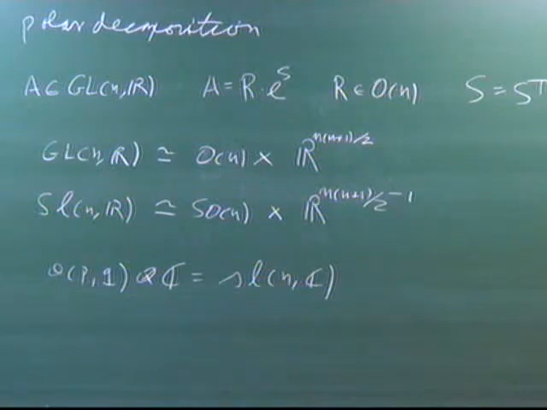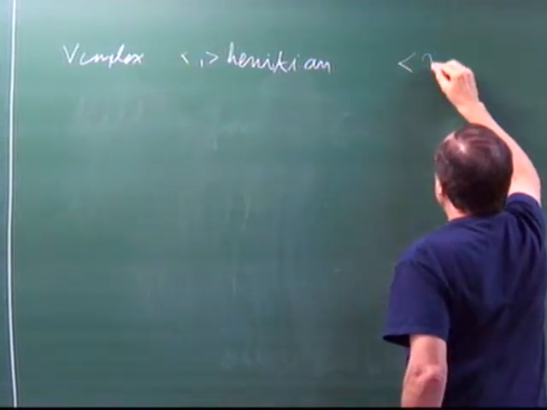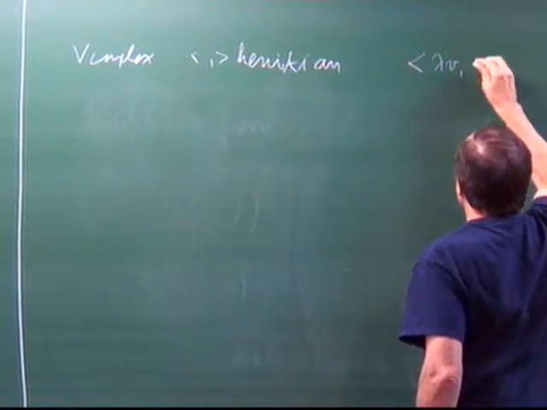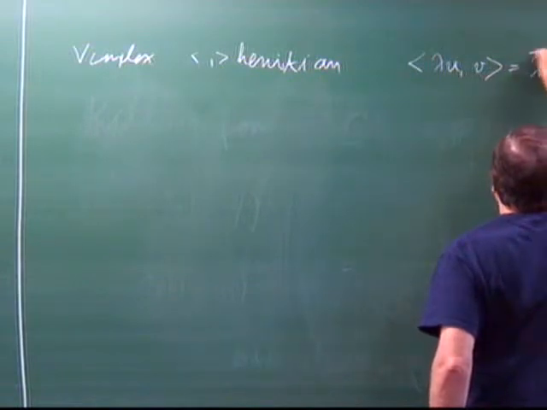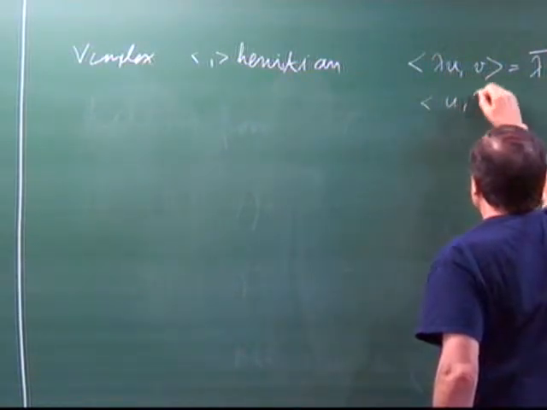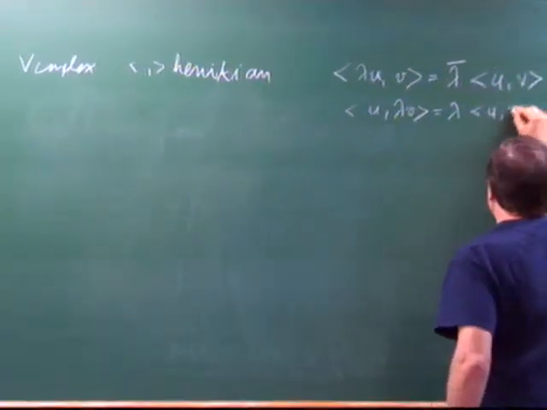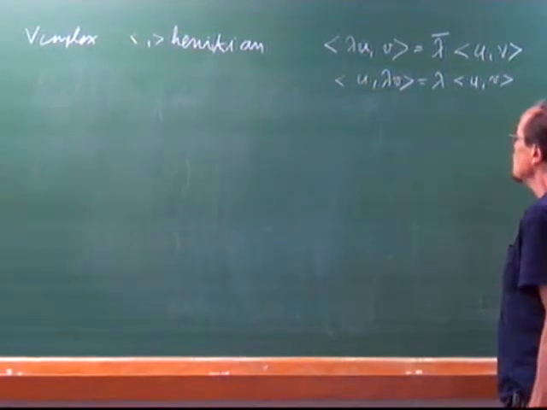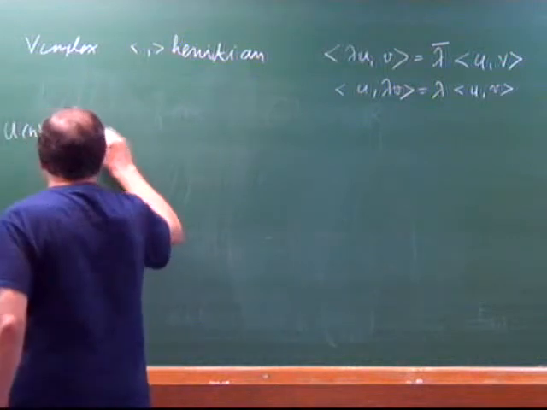And with a complex vector space, I have a Hermitian inner product. Here I use a convention that if I take a vector and multiply, the first component gets the complex conjugate, and not the second one. That's the convention, whether you want to make the first one or second one conjugate. So that's the Hermitian product, and then we define U(n) as the set of isometries.